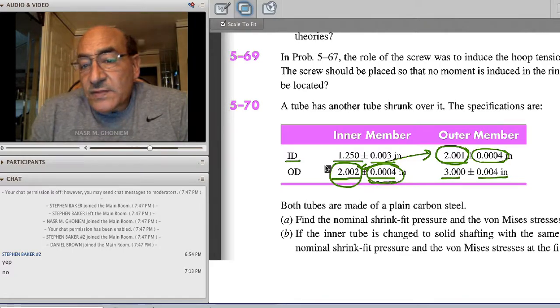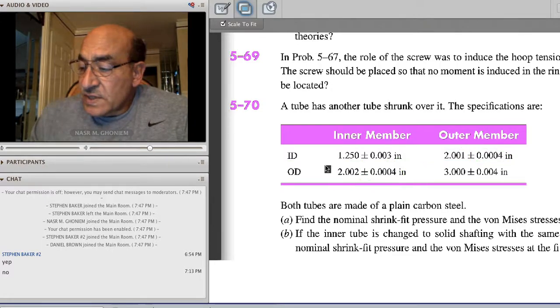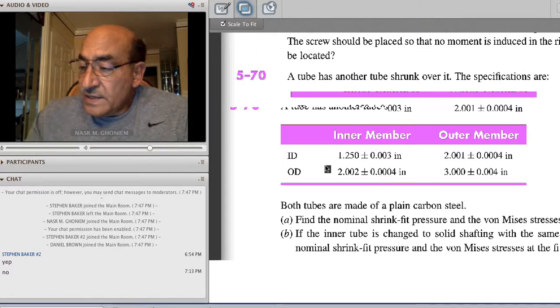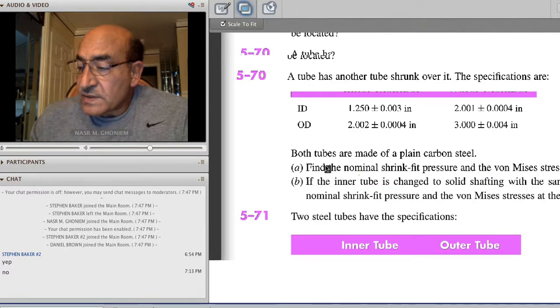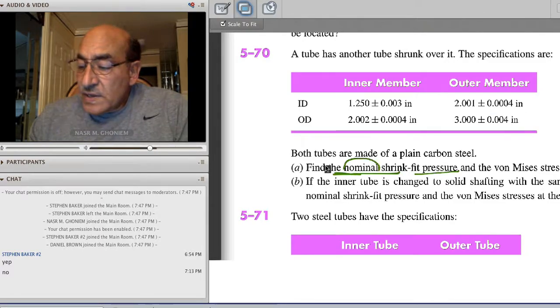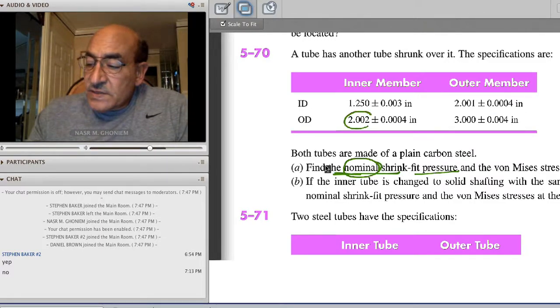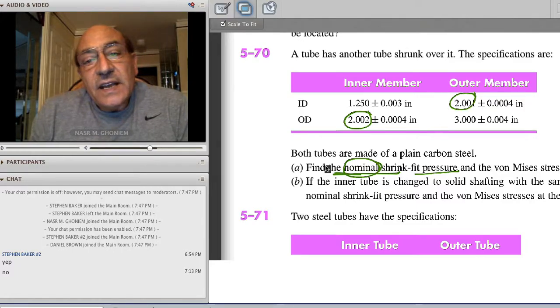However, what they wanted us to do is find the nominal shrink fit pressure when we put one inside the other. When you say nominal, it means they wanted just the average. You have an average value of the ID and an average value of OD, and you put them together.